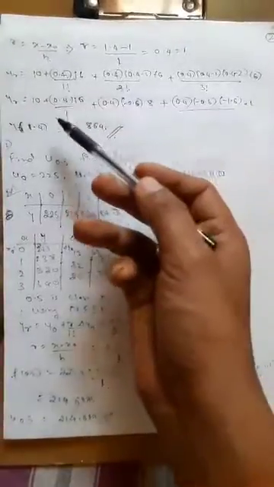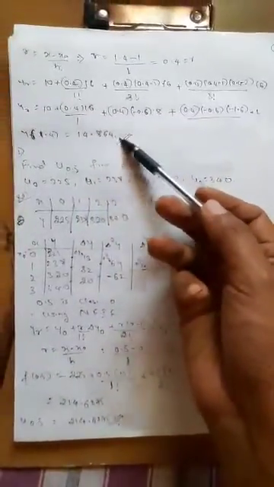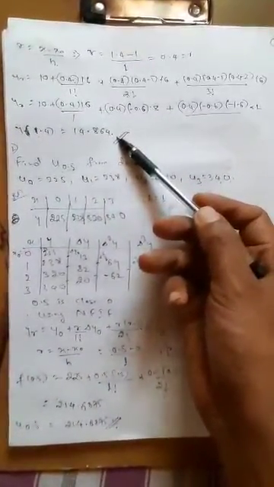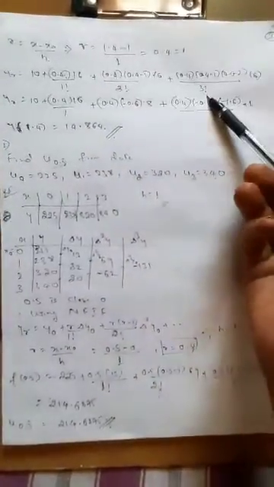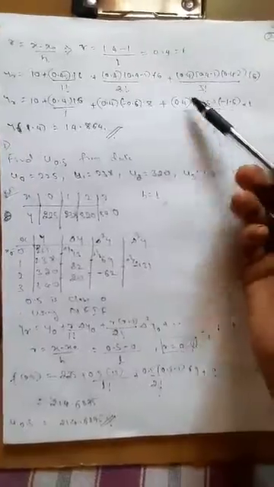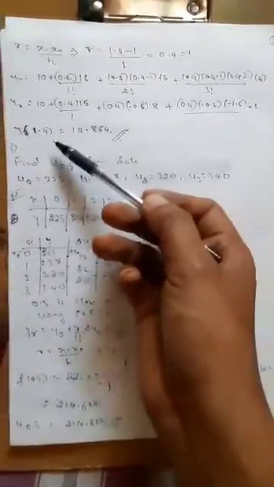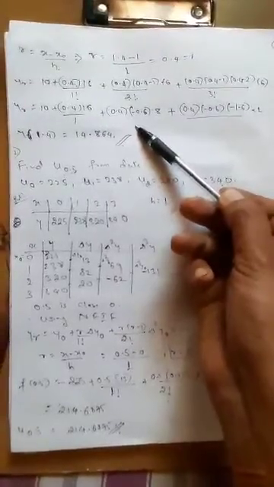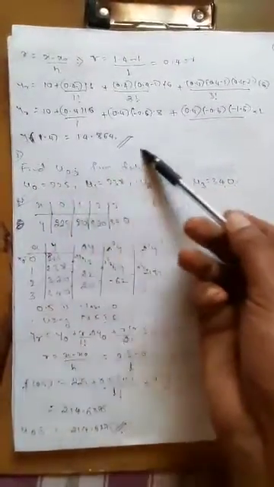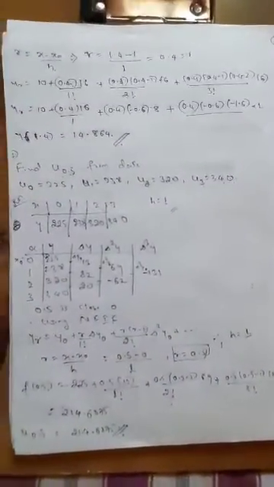Expanding, 1 factorial is 1, 2 factorial is 2, and 3 factorial is 6. After simplification, we get 14.864 as the value of y at 1.4.